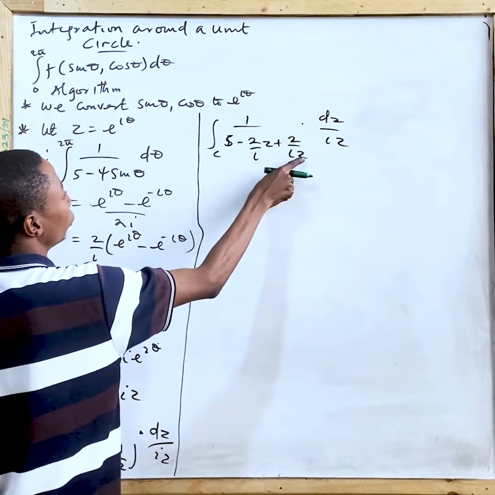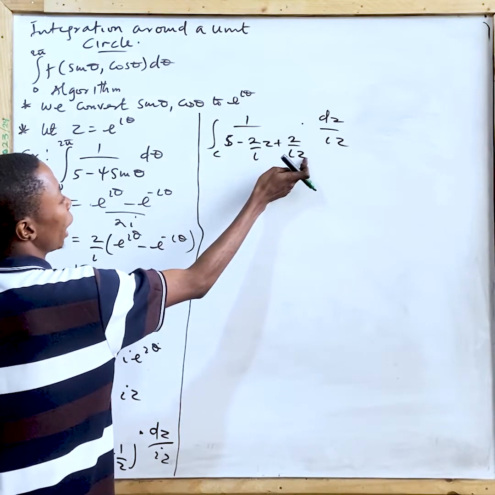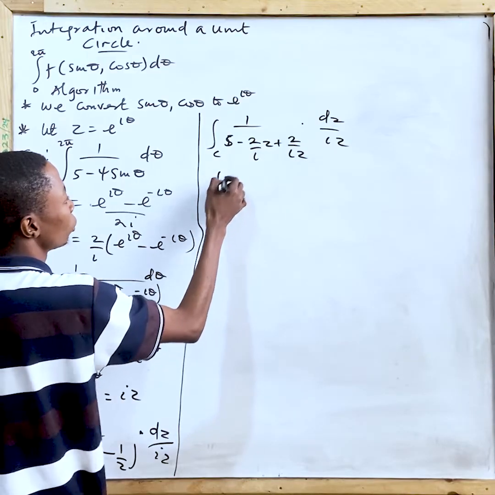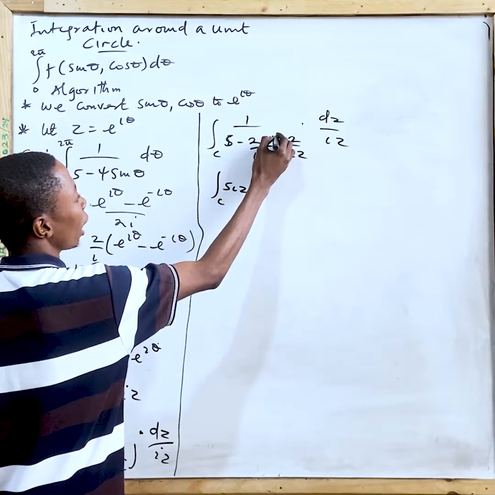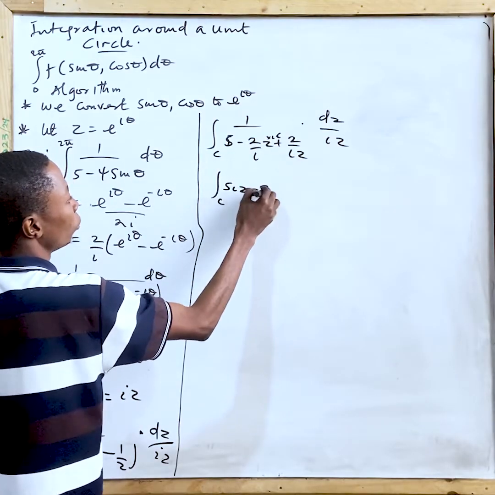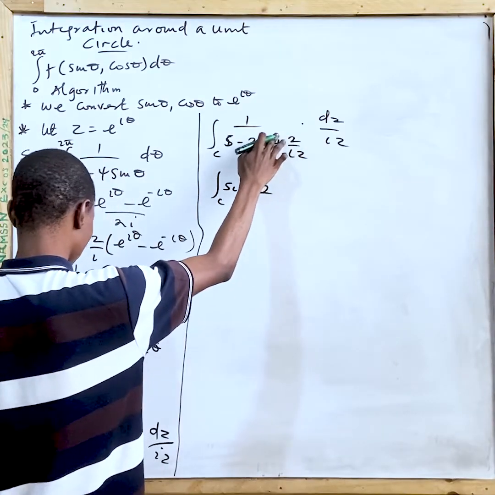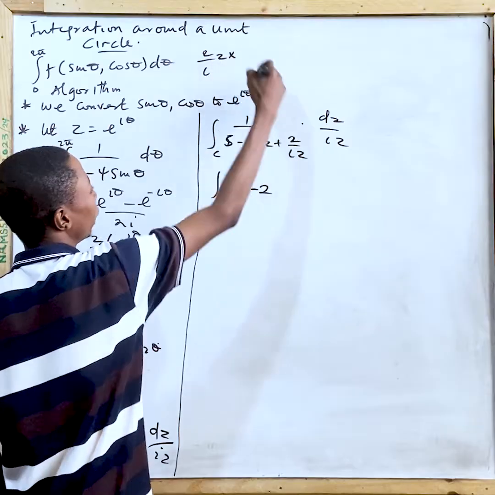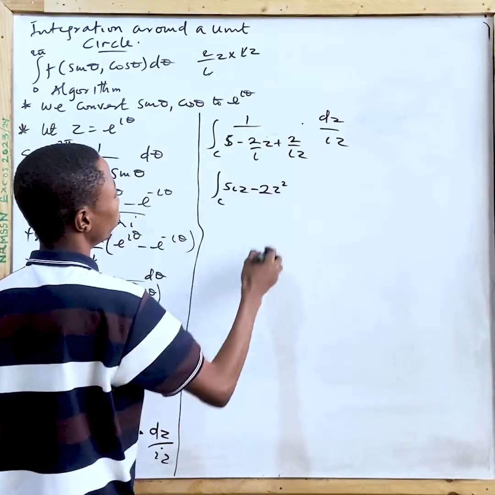So clear the fraction. If I multiply through by iz, because iz is my LCM here, the integral of this one will be 5iz. Multiply this one by iz, iz will cancel. This one will be minus 2z squared.